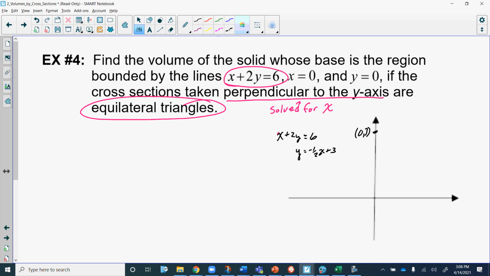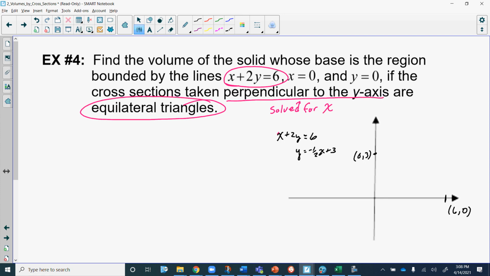When y is 0, x is going to be 6. So maybe I should move that down a little bit because I kind of have them scaled almost equally. Let's do about here, 0 and 3, and this would be 6 and 0.